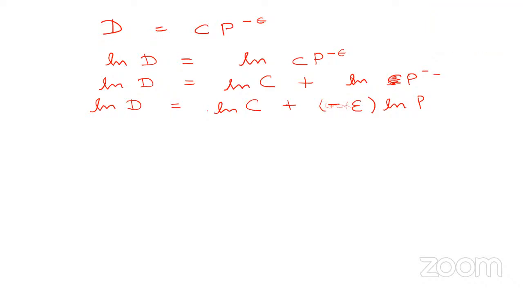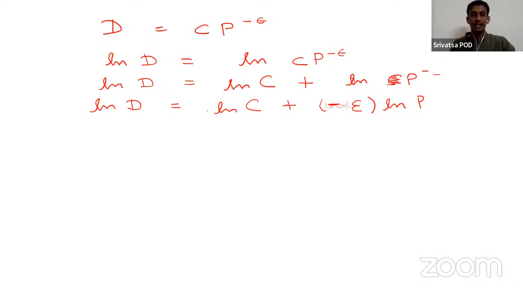So we have a clear case of a simple linear regression. What we have on the left-hand side is ln D. Then we have ln C plus minus epsilon into ln of P. Now let us go back to the question.